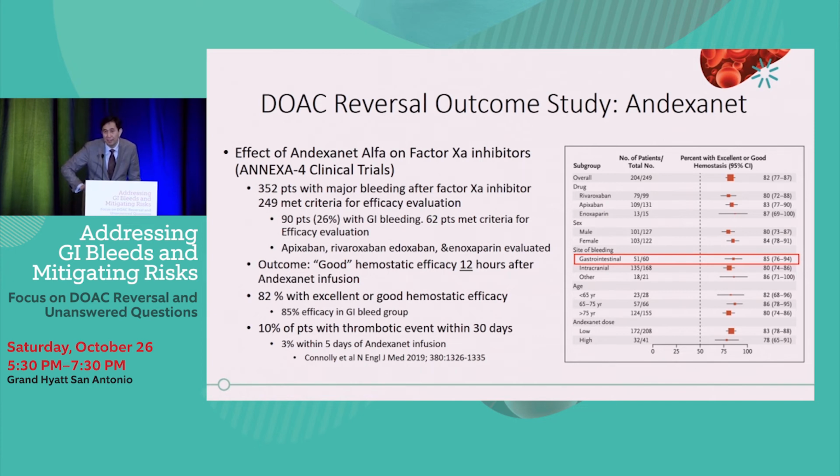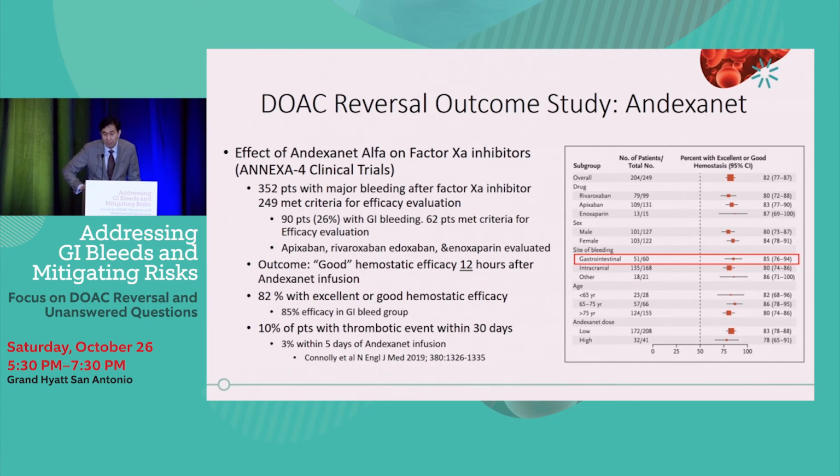They based this on blood loss. If you lost less than 10% or close to 10%, that was considered excellent hemostasis. If it's less than 20%, it was good hemostasis. So that's what they were looking for. Nevertheless, this study concluded that about 82% of the patients had excellent or good hemostatic efficacy overall. 85% of the people under the heading of GI bleeding had either good or excellent hemostasis.